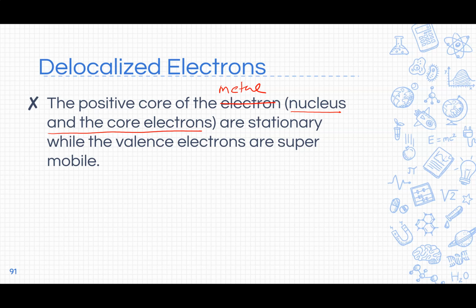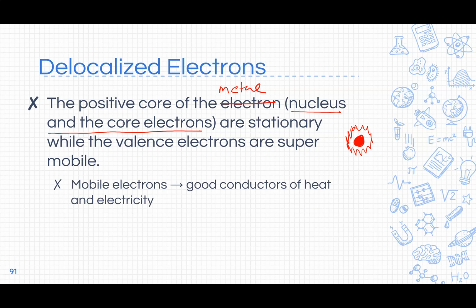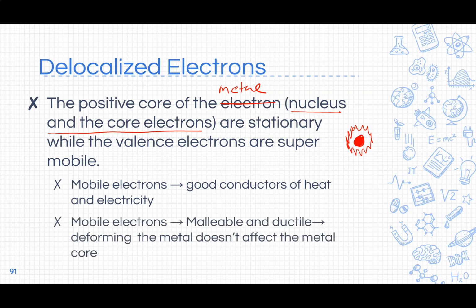So when we think about metallic bonding, we have some kind of positive core. This is the nucleus plus the core electrons. And then we have all these valence electrons out here that are supermobile. Okay? And them being supermobile gives rise to metallic properties. Because electrons are supermobile in metals, that's why metals are good conductors of heat and electricity.